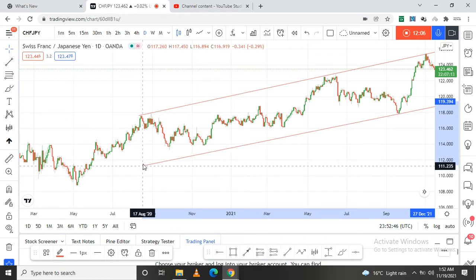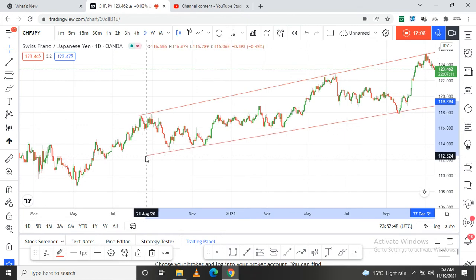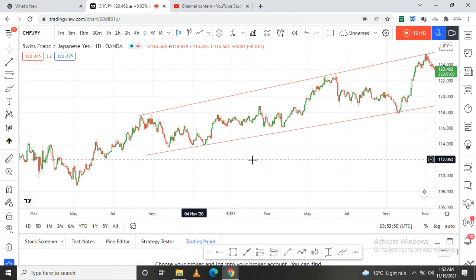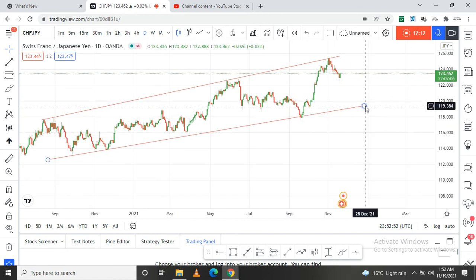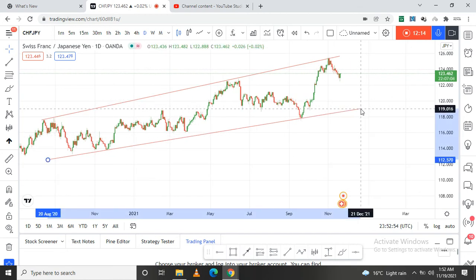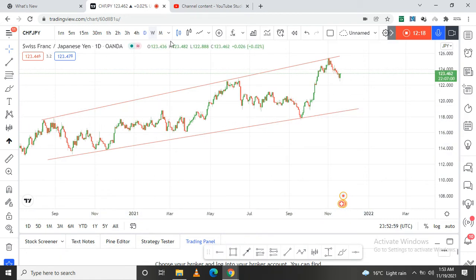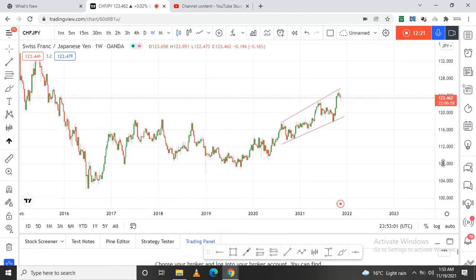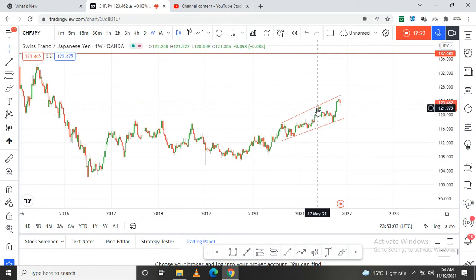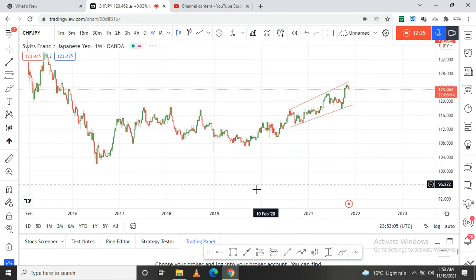And then also drag this one to come and touch these low points, and also these low points here. And if we go back to the weekly chart, you can see that we have a first touch, a second touch, we have a third touch there.